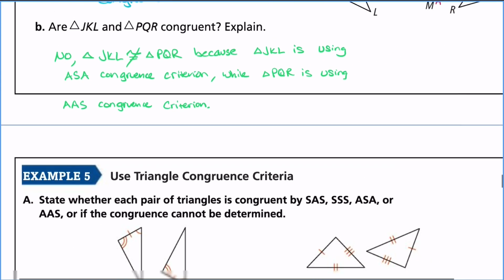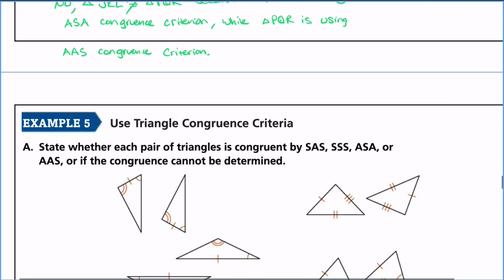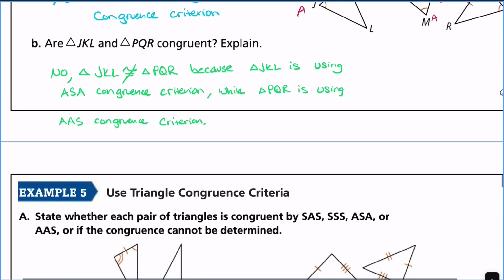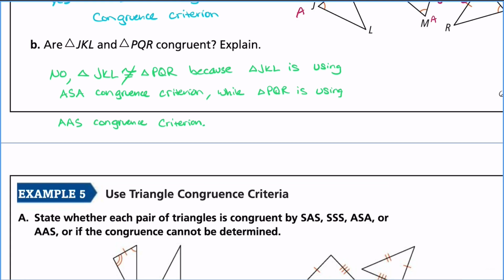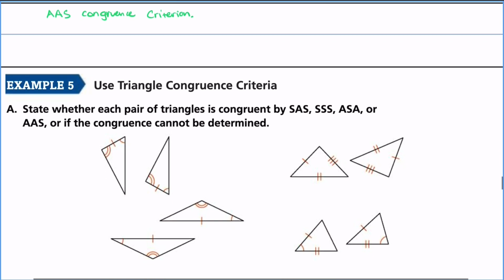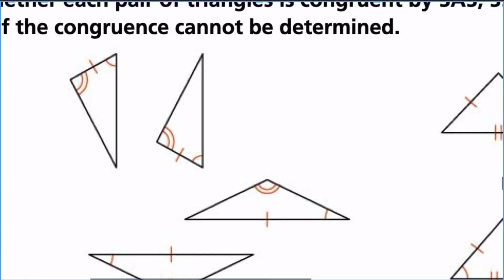All right, so using triangle congruence criterion, state whether each pair of triangles is congruent by side, angle, side, side, side, side, angle, side, or angle, angle, side, or if it cannot be determined. So in the first one, we have angle, side, angle and angle, side, angle.